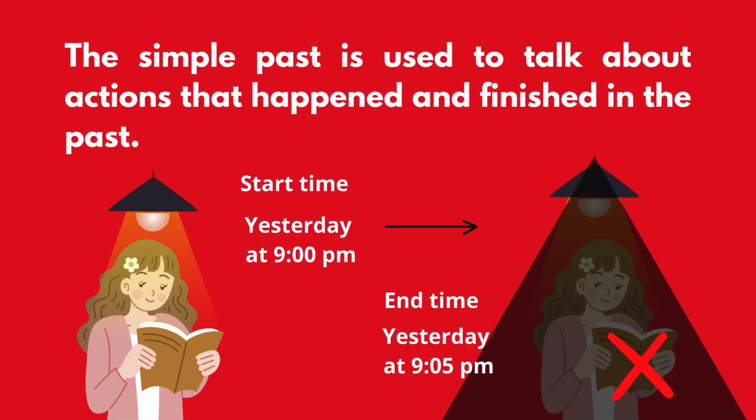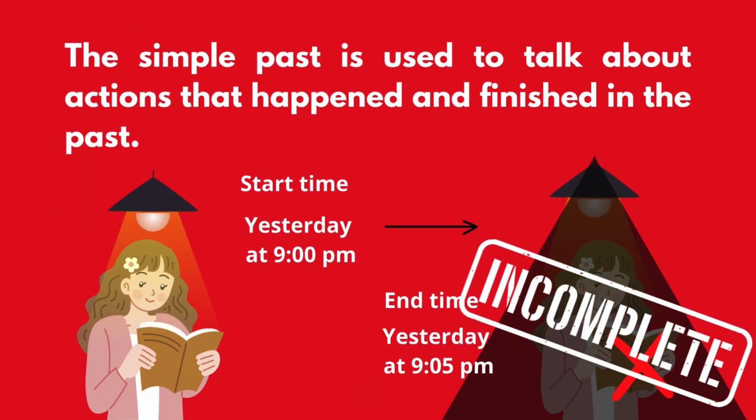She was interrupted because the light went out. So at 9:05 p.m., she finished. She couldn't continue reading her book because there is no light. So this action is incomplete. Because it's incomplete, this is not simple past. Incomplete actions are not simple past.